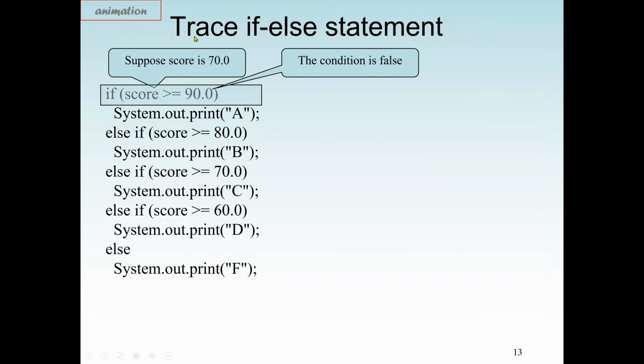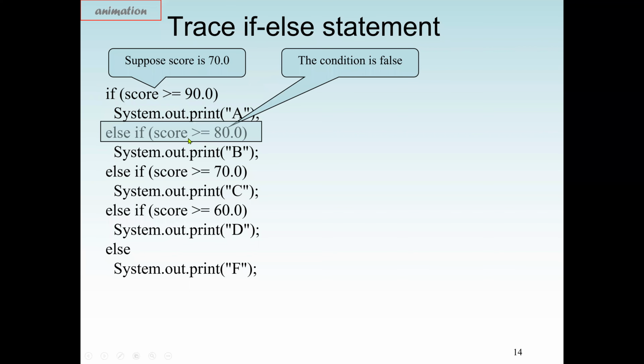So here we can trace the if-else. We say if the score is greater than or equal to 90, our answer here is 70. Since the score is 70, is 70 greater than or equal to 90? No. So we cannot print A. We move to the next.